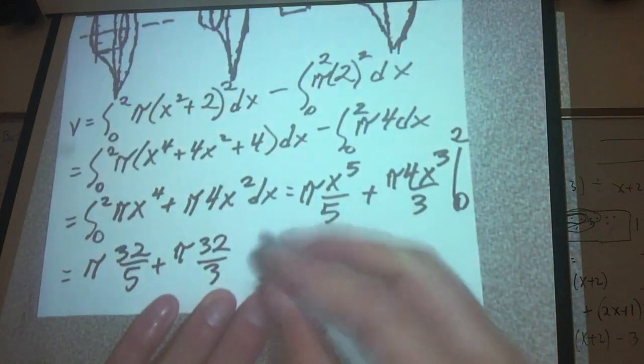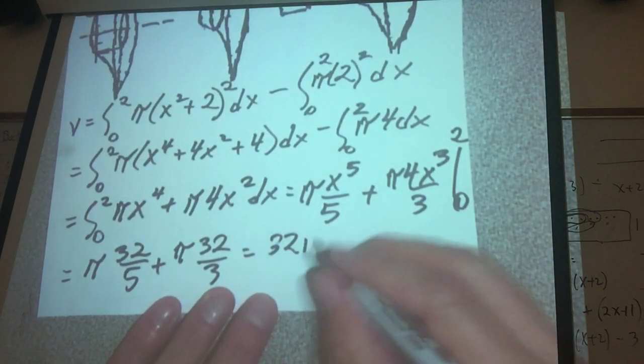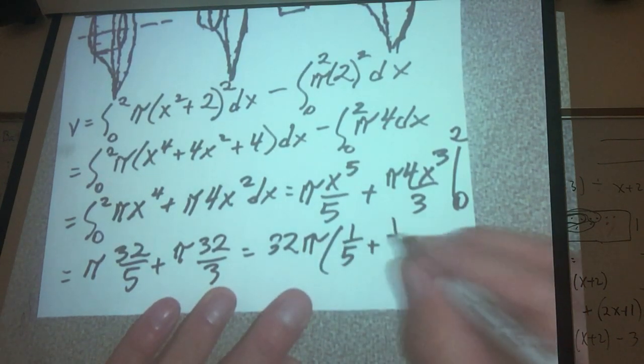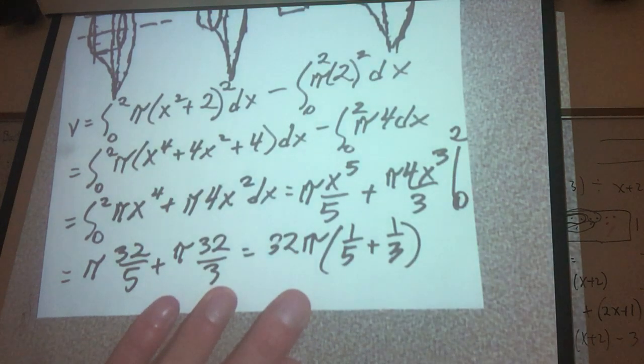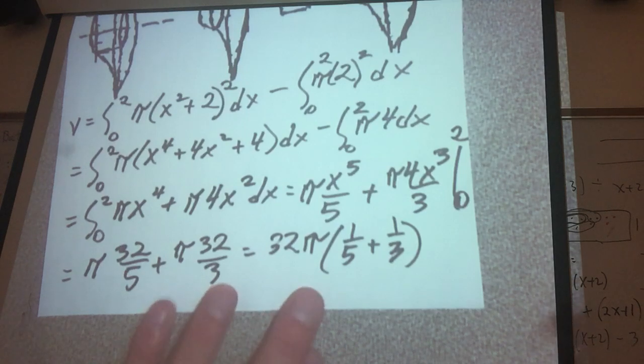Okay, so that's going to be 32 pi times 1 divided by 5 plus 1 divided by 3. And so if we did 3 over 15 plus 5 over 15, that would be 8 over 15.